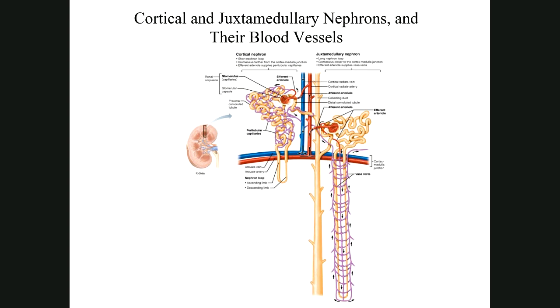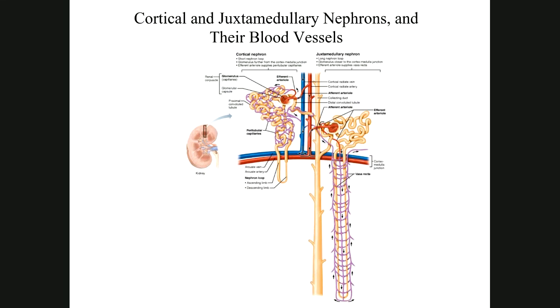They arise from efferent arterioles serving the juxtamedullary nephron. So that's the efferent arteriole.